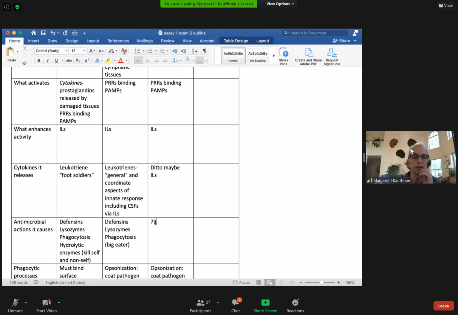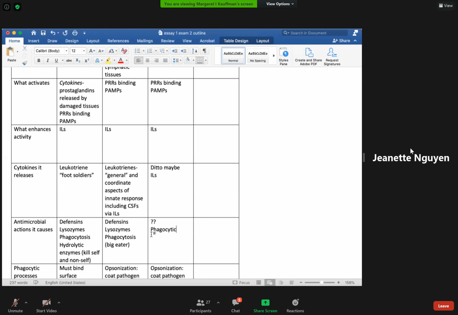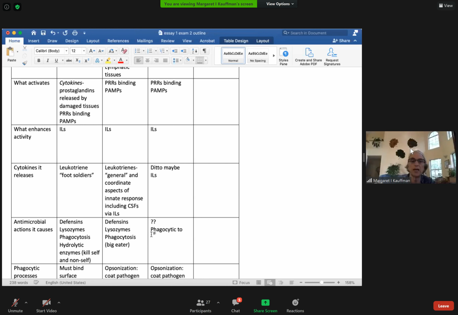And there's no discussion about any kind of antimicrobial. I wouldn't be surprised if they release defensins and lysozymes. They are phagocytes, though, because that's going to be the main job, and they're going to do that to become an antigen-presenting cell.